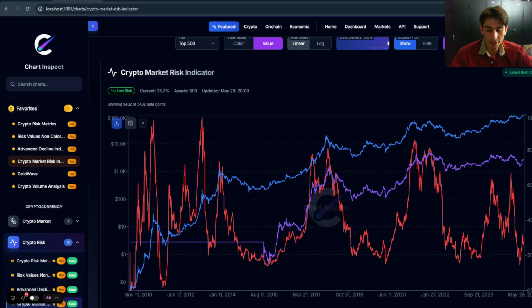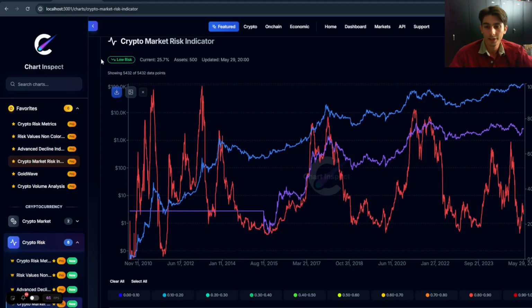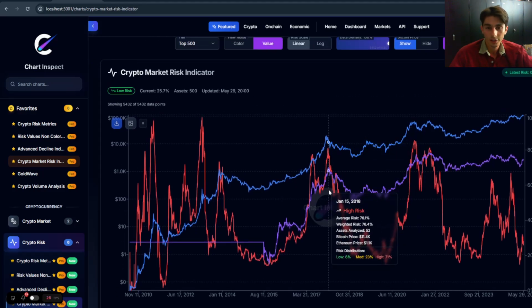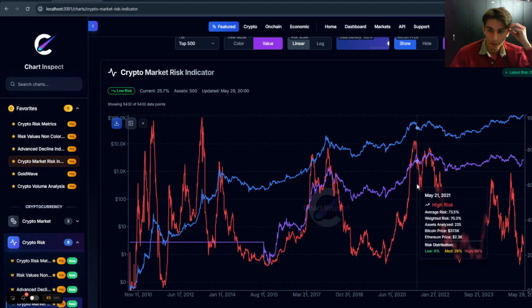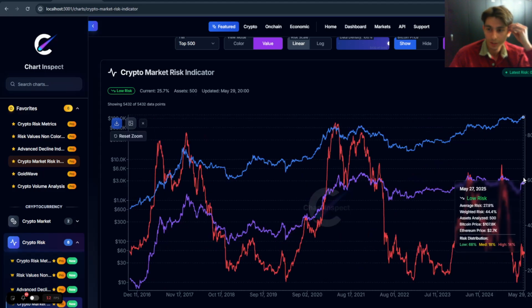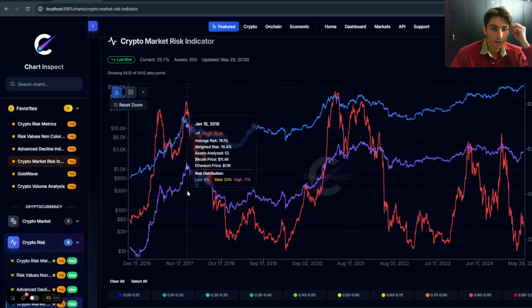Now, I wanted to showcase the Ethereum valuation in terms of the overall market risk indicator, because Ethereum can essentially correspond to these really deep mania phases for the market cap of the asset. If you zoom in on these levels here, you can see that whenever Ethereum USD goes up to around its top, the risk tops out at this time.